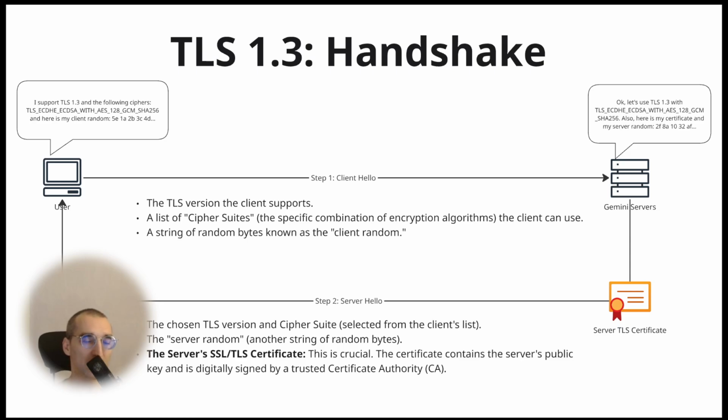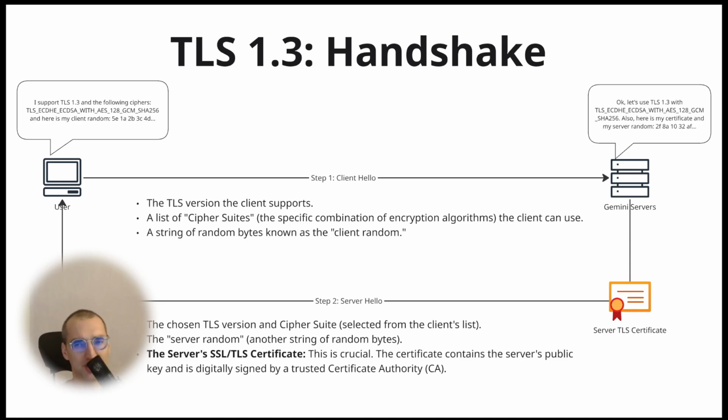What it starts with is that the user, or the browser in this case, sends a client hello, and it says to the server, in this case Gemini servers, hey, look, I support TLS 1.3 and I support the following cipher suites, right? So here are my cipher suites, here is the protocol I support, and also here is my client random. This is sent over plain text.